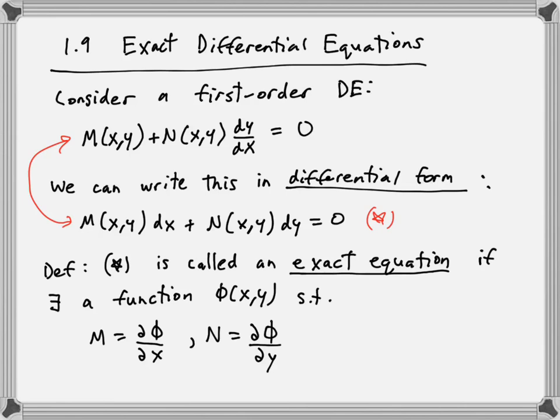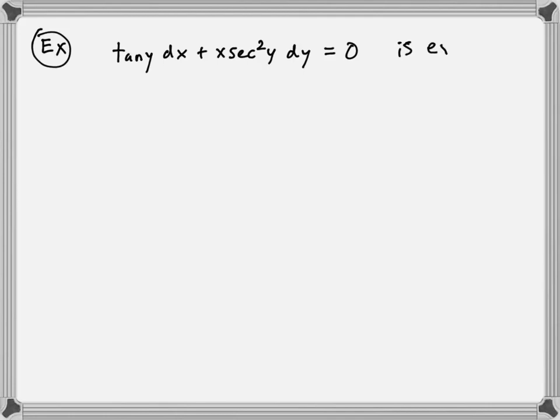Now let me give you an example. Let's look at the following differential equation: tan y dx plus x secant squared y dy equals 0. This differential equation is exact. Why?